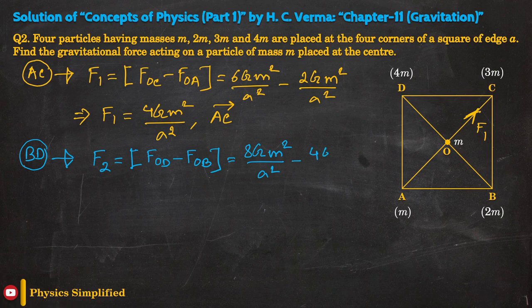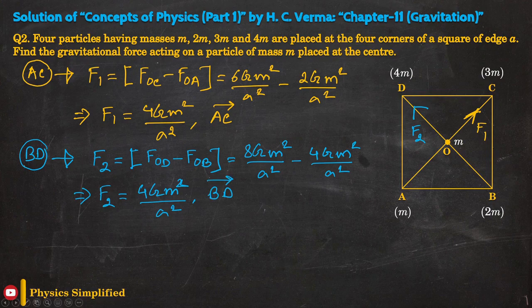FOB was 4Gm² divided by a². So if we simplify, we get F2 is equal to 4Gm² divided by a². Now since FOD is greater than FOB, the direction of F2 will be in the direction of FOD. So F2 will be directed from B to D.